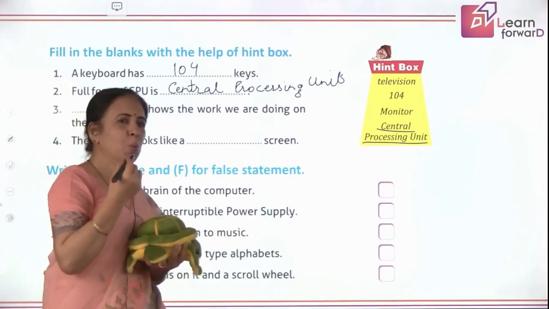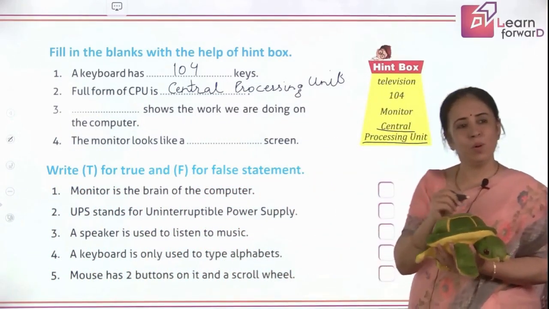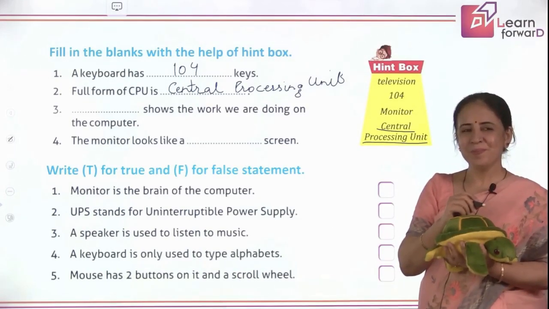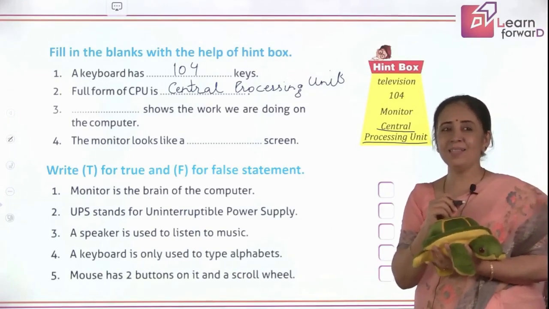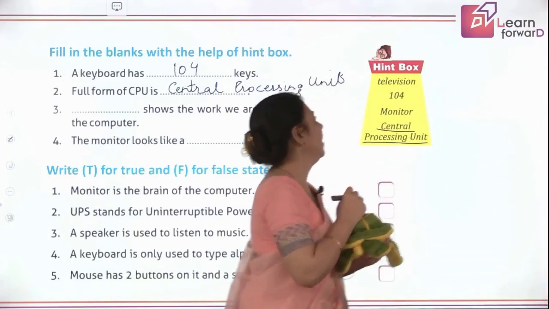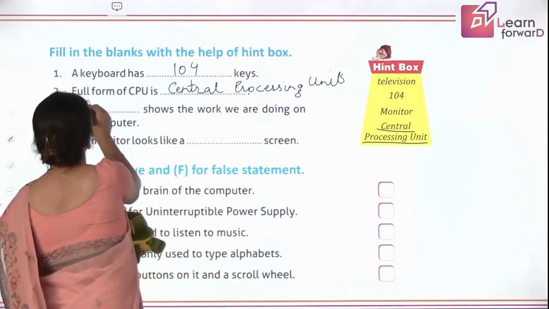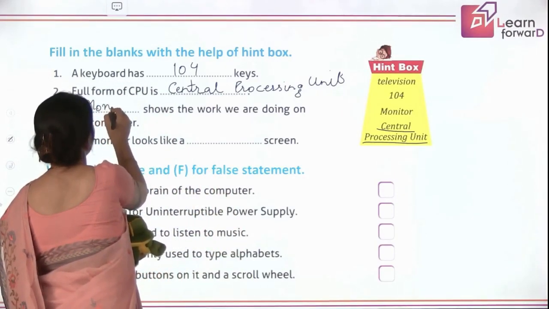When you do work on the computer, how do you see the work? I could see the answer in your eyes. Correctly said, it is monitor. So, monitor shows, it is monitor.